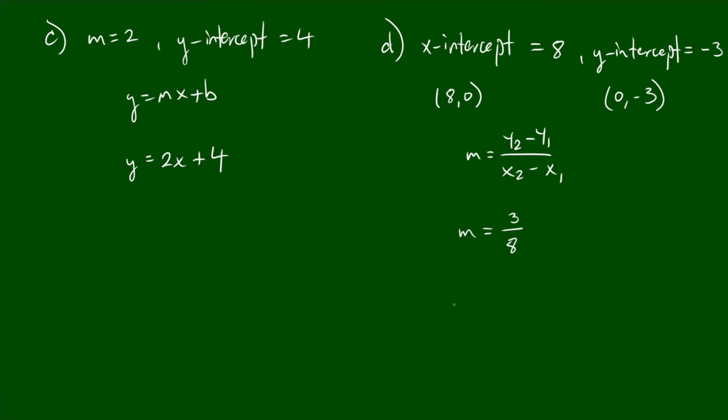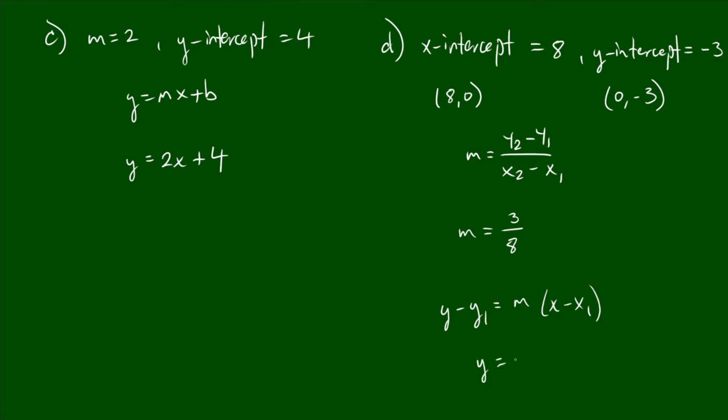And then you use the point slope formula. You have y minus y1 equals m bracket x minus x1. Let's use the first point. You could use this one, but it's going to be much better if you use the first point, because y1 is 0.